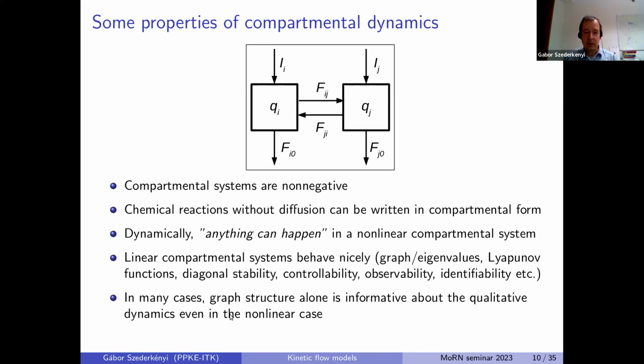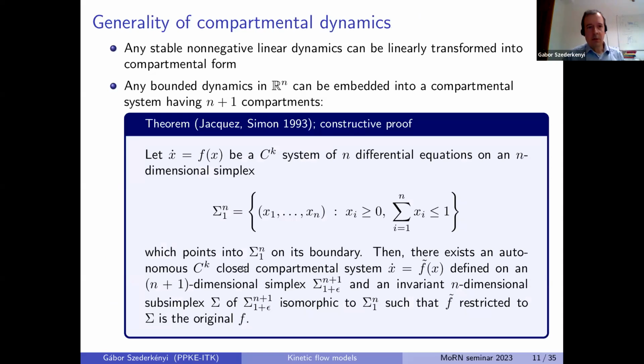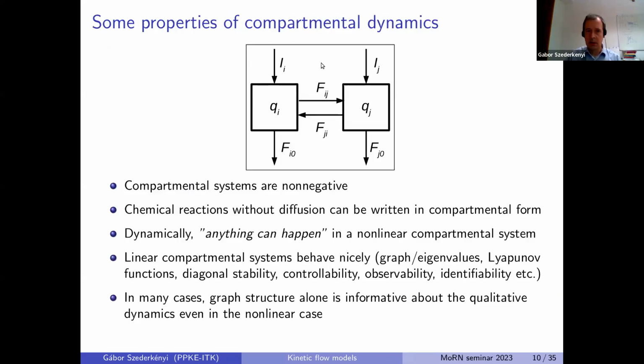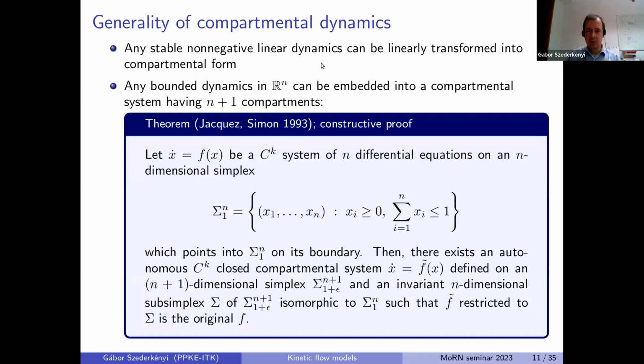And in many cases, the graph structure alone is quite informative, not only about linear compartmental systems, but also about nonlinear ones. Okay, just one theorem about the generality of compartmental dynamics. This is in this paper with a constructive proof.